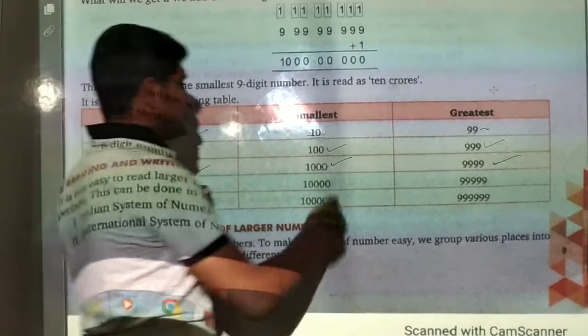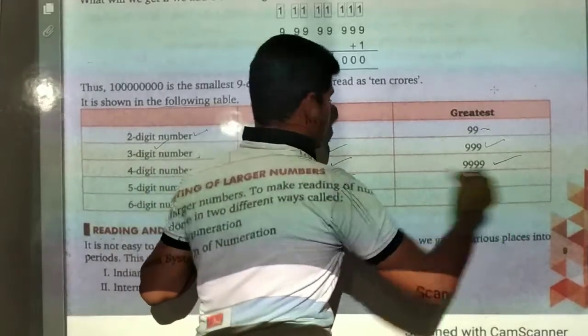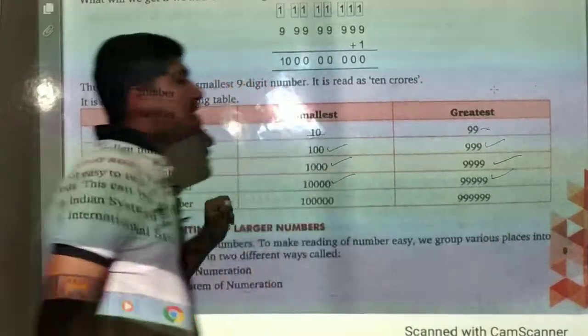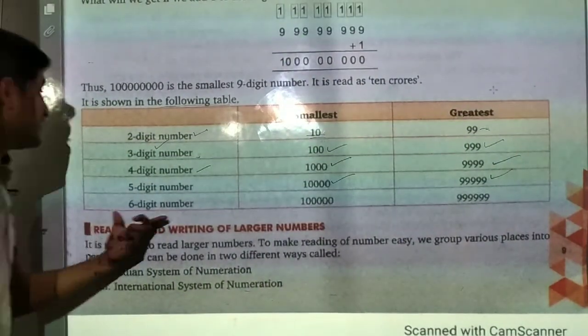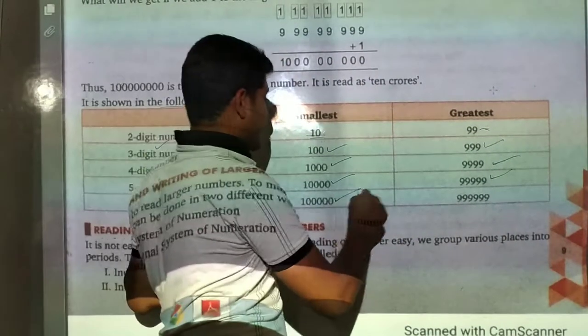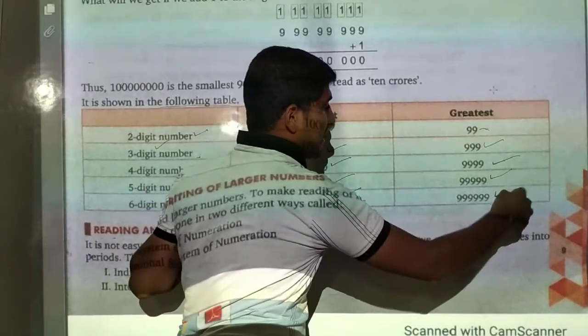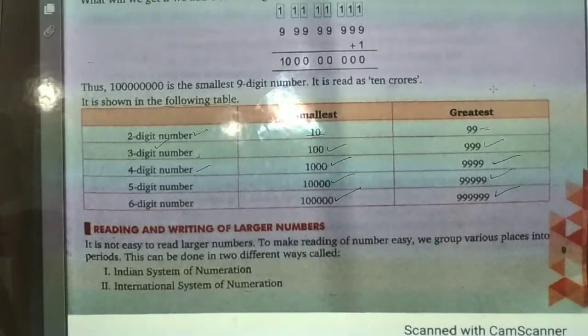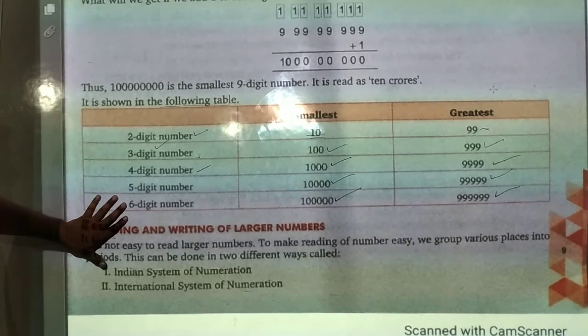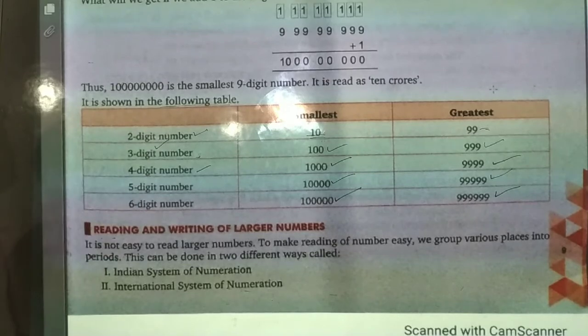For 5 digits, 10,000 is the smallest and 99,999 is the greatest. For 6 digits, 1 lakh is the smallest and 9,99,999 is the greatest. By this method we can get the smallest and greatest numbers of different digits.